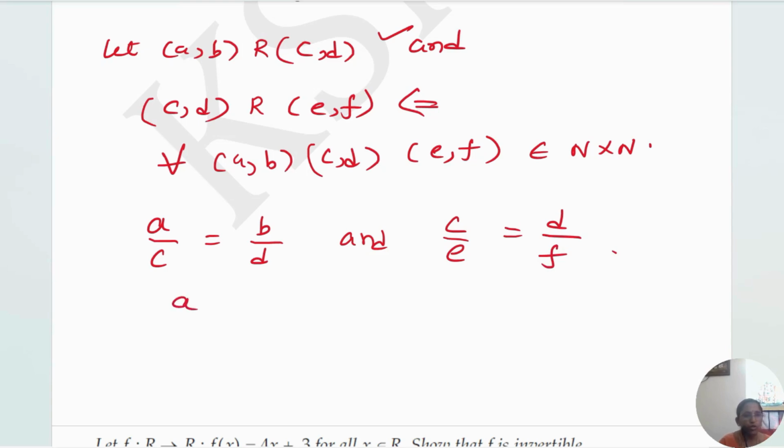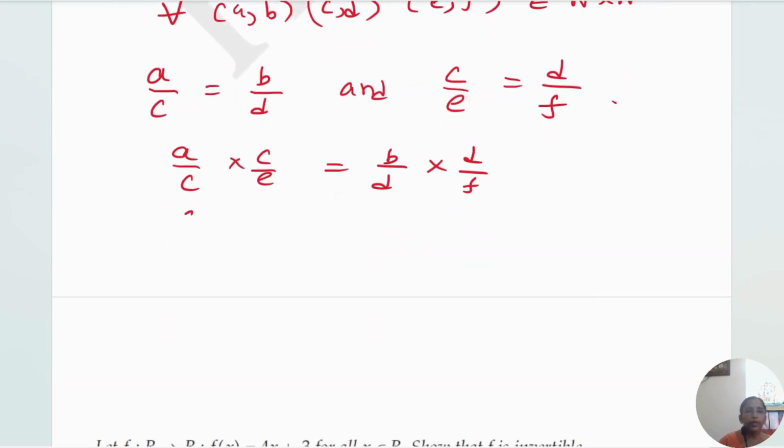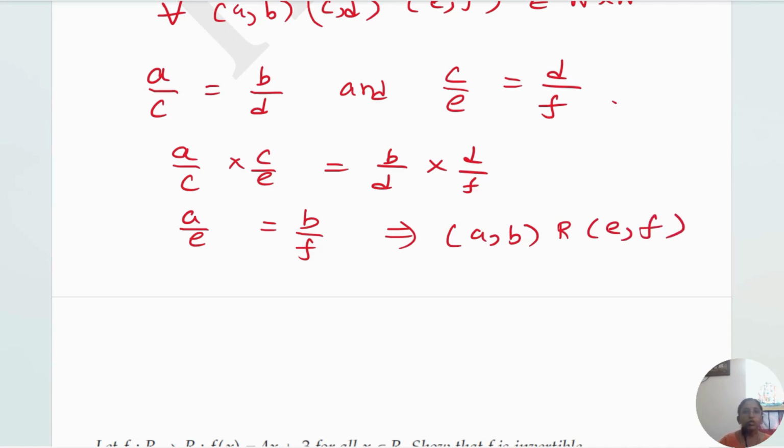Combining these two, a/c times c/e equals b/d times d/f. So a/e = b/f, which implies (a, b) is related to (e, f). So R is transitive. All three conditions are satisfied, so the given R is an equivalence relation.